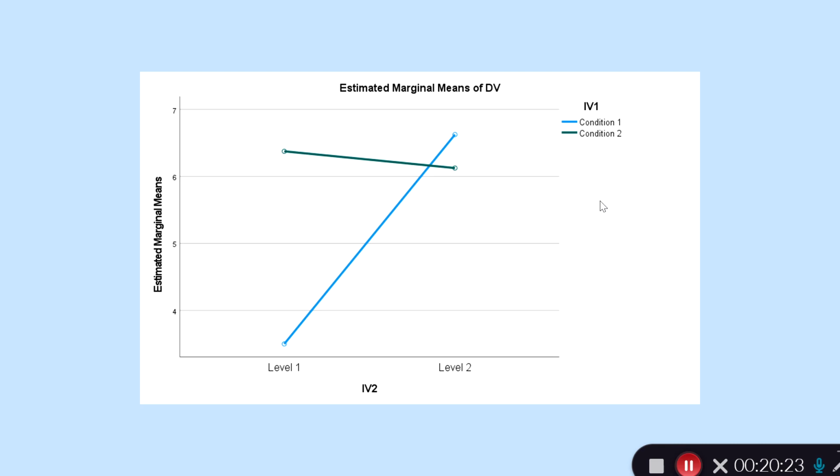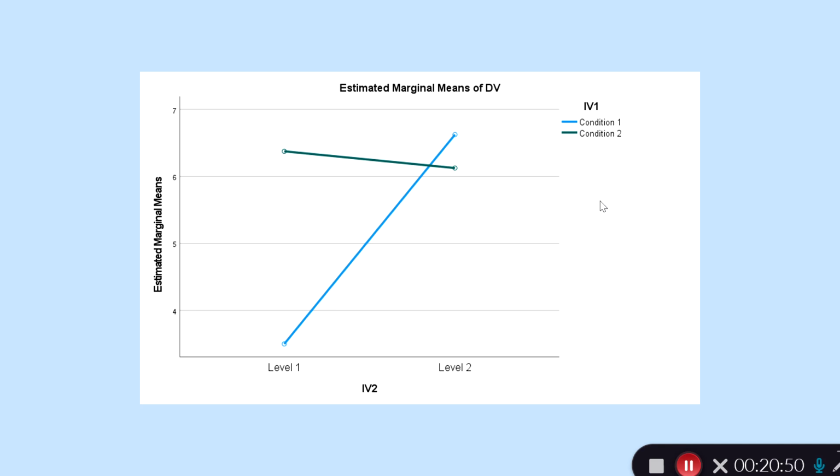of independent variable 2. Okay, so recall from the SPSS output a few slides back, we also had a significant interaction. So the F value in relation to the interaction, which was shown as IV1 times IV2, that was significant. And notice here that different things are happening at different levels of each independent variable.